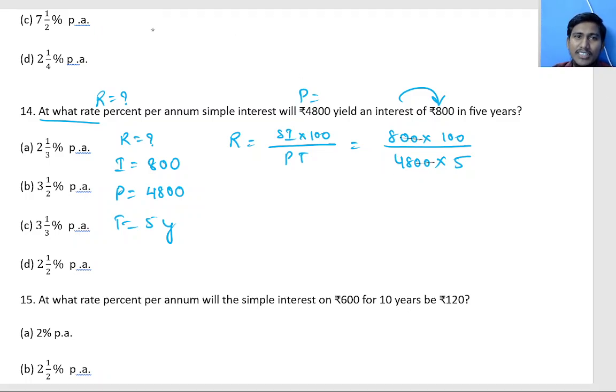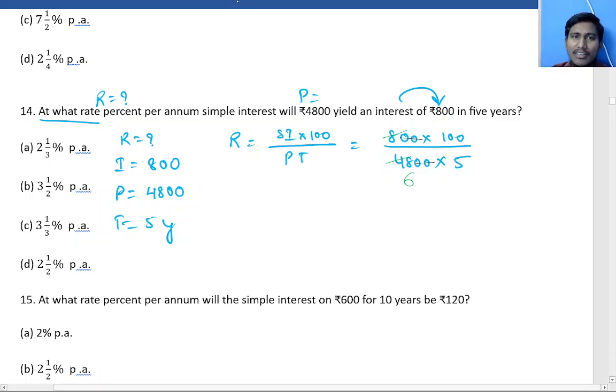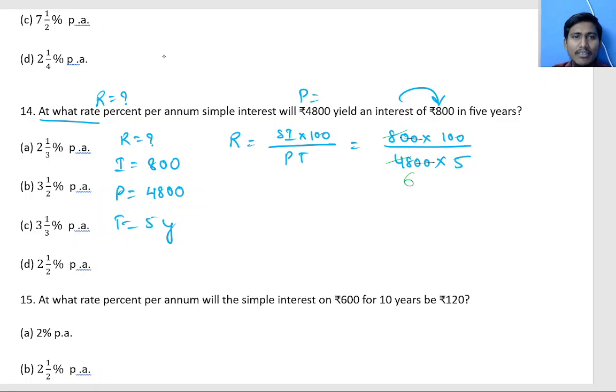After that, 8 6s are 48. Next, divide by the 5 table. 5 how many is 100? 5 20s are 100.